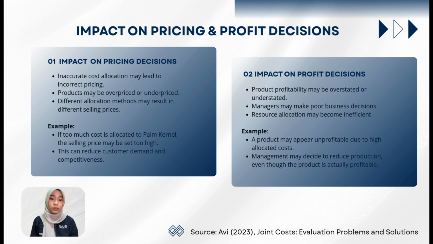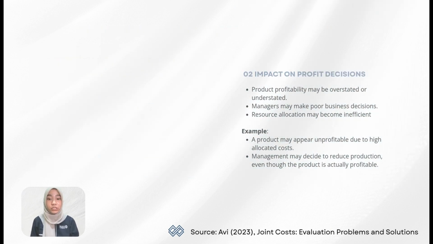As a result, managers might make poor decisions such as reducing production of a product that is actually performing well or allocating resources inefficiently. That is why Avi 2023 emphasized that joint cost allocation is very important for production valuation, pricing decisions, and profitability evaluation. Managers need to interpret cost information carefully before making business decisions.